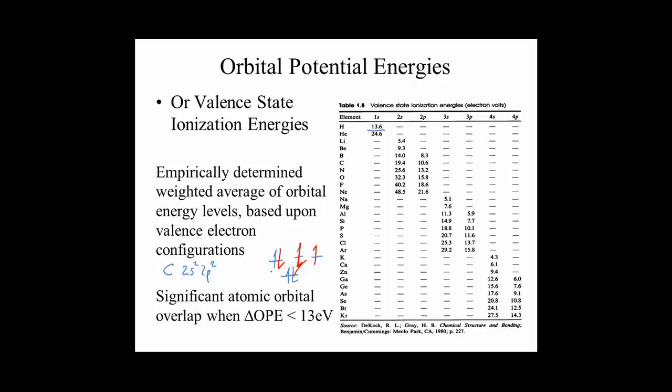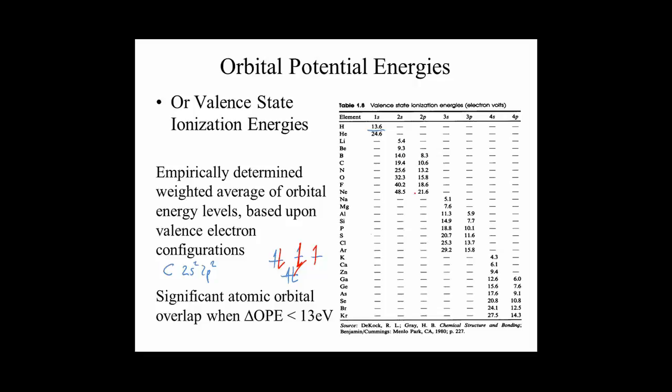It's very easy for these other configuration states, spin states, to exist, with slightly different energies, and so each of these will contribute to an average ionization energy for the atom. And so that's where this comes from: the 2s electron of carbon has on average 19.4 electron volts to ionize from there, and the 2p on average has 10.6 electron volts to ionize from there.